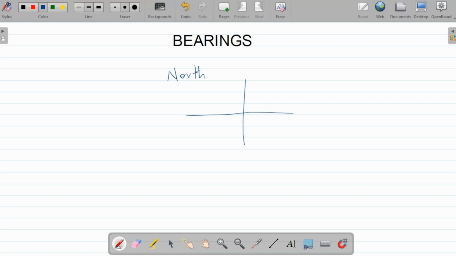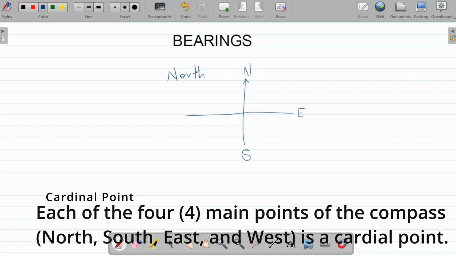Then this side here, the one pointing up, is the north, right? And then we will call this the east. And then the side pointing downwards will be the south. And then this other side will be the west.